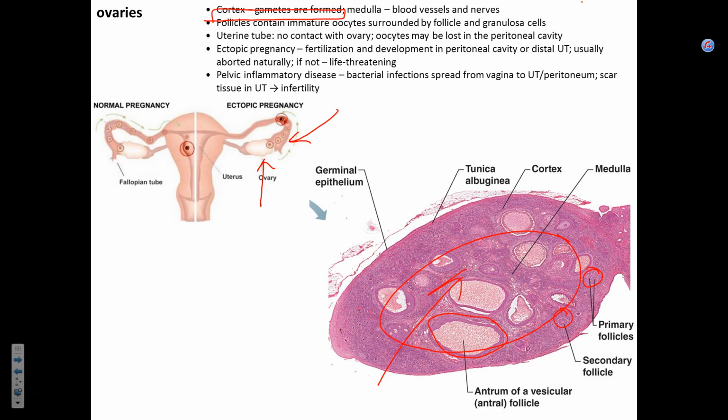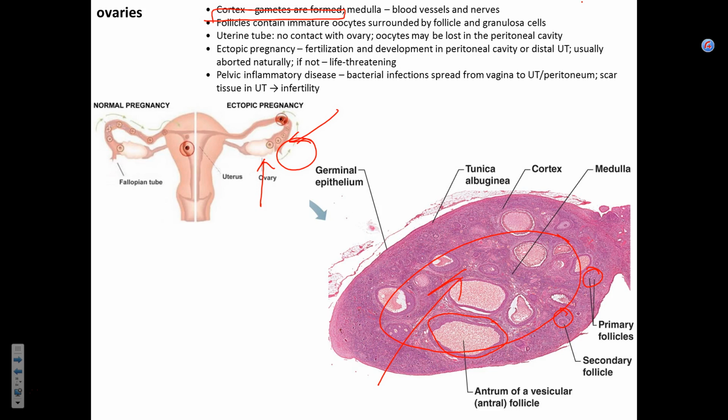Now, the issue of ectopic pregnancy. Remember, the term ectopic means in the wrong place. So ectopic pregnancy occurs when secondary oocyte is fertilized into ovum in the peritoneal cavity. That can happen, which is horrible.